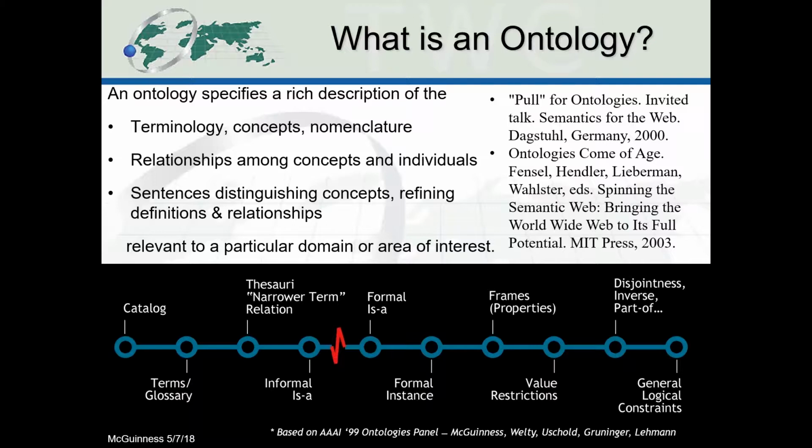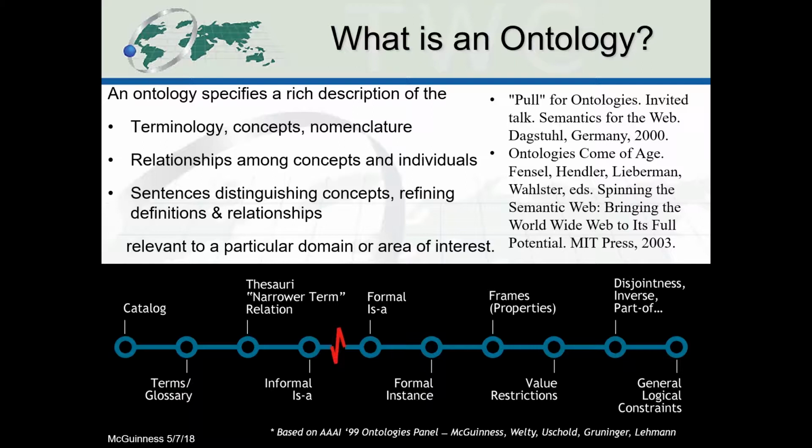And then I might move further and further to the right on the spectrum, increasing the expressivity. So I just have a set of terms, then I have a set of terms and their definitions, then I have what a thesaurus has, a narrower or broader. So we heard about the measure terms. When you move up to the general terms, a lot of things get grouped together.